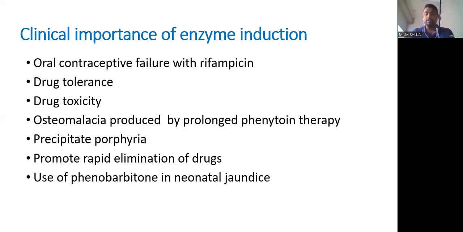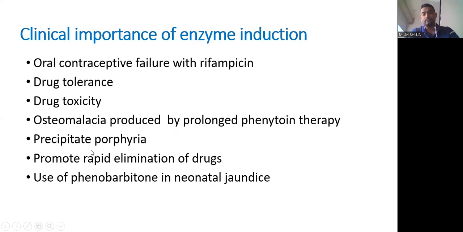So when there is increased metabolism of calcitriol, the calcitriol concentration is reduced, so calcium reabsorption from the gut is reduced. When there is less calcium reabsorption, less calcium in the body, less calcium for bone mineralization, it leads to osteomalacia.